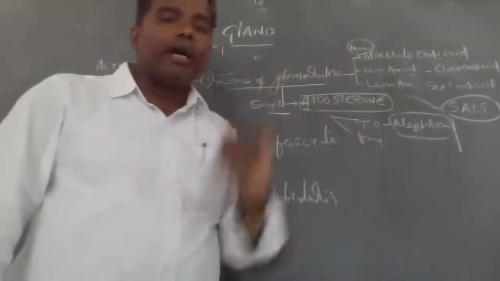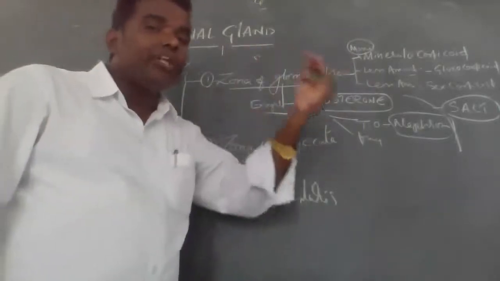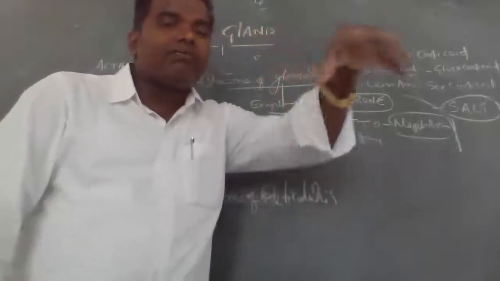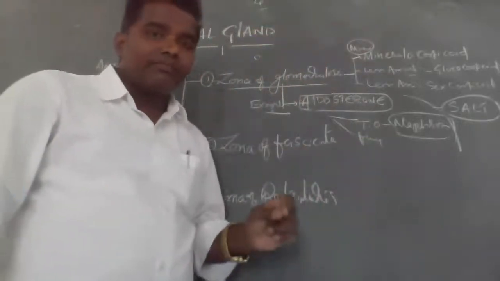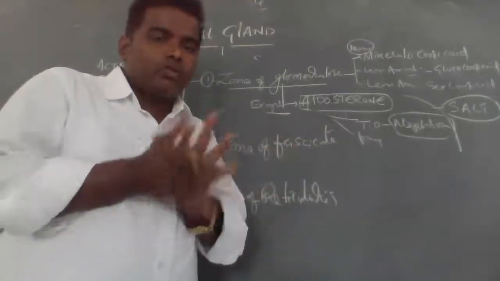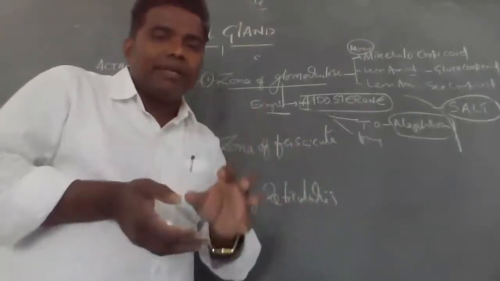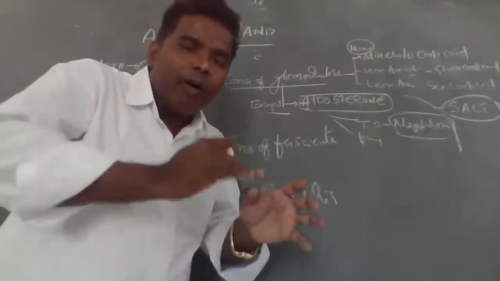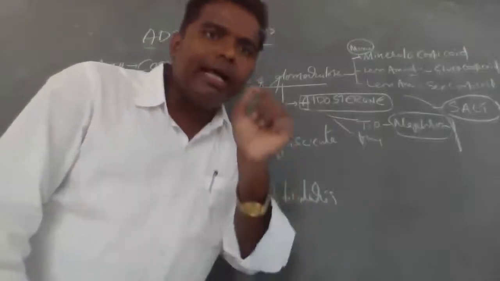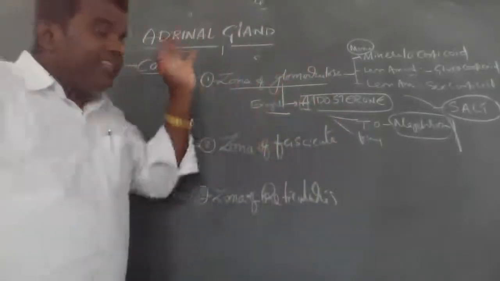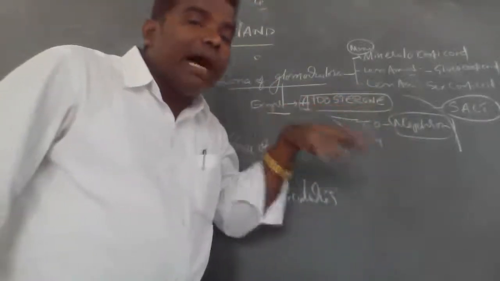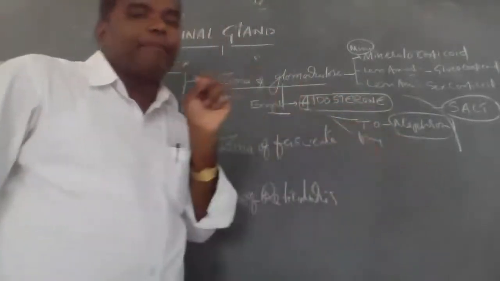Once again, aldosterone is secreted from the zona glomerulosa of the cortex of the adrenal gland. Aldosterone is a mineralocorticoid. Its target organ is the nephron of the kidney, and its function is to maintain the balance of salts.